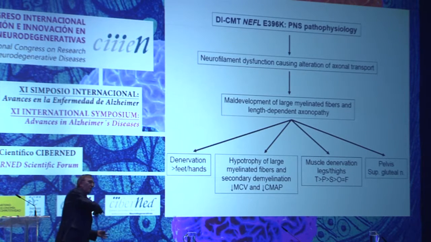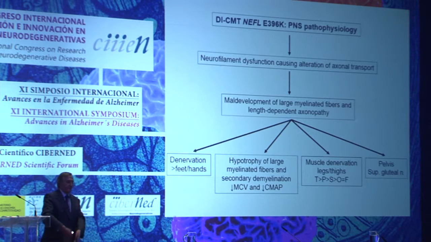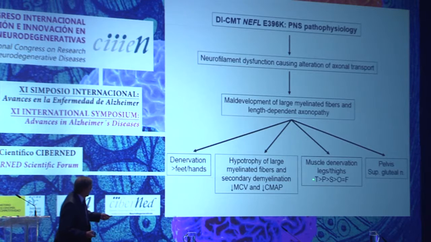In contrast with conventional CMT, in which the peroneal musculature is severely involved, here we have a predominance of tibial over peroneal, peroneal over sciatic, sciatic over obturator, and equal to femoral.